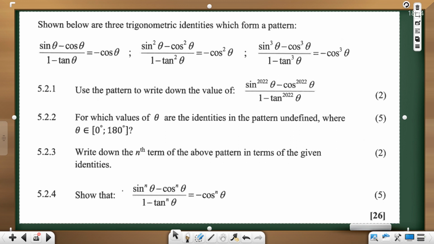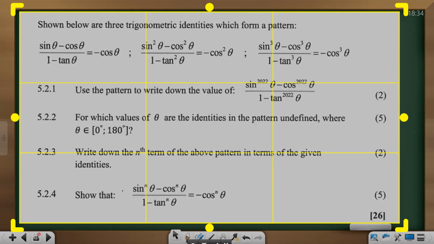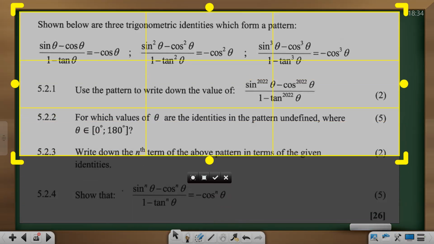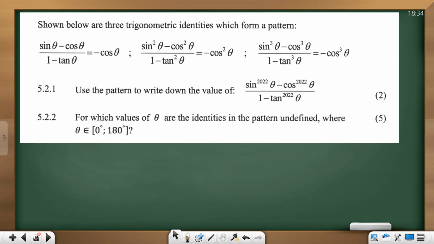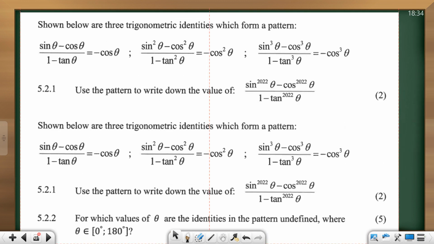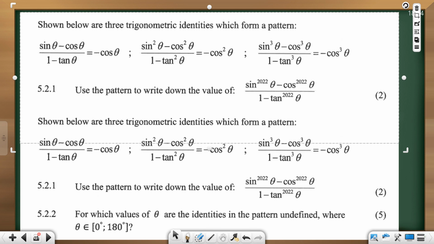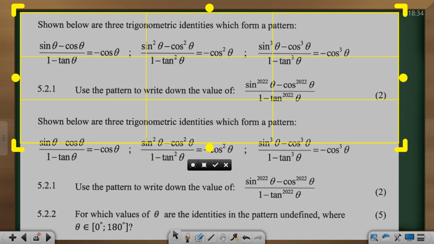Next question. Check. For which values will this be undefined? Do you know how to deal with undefined? When do you say something is undefined? Somebody type in for me. Quickly.